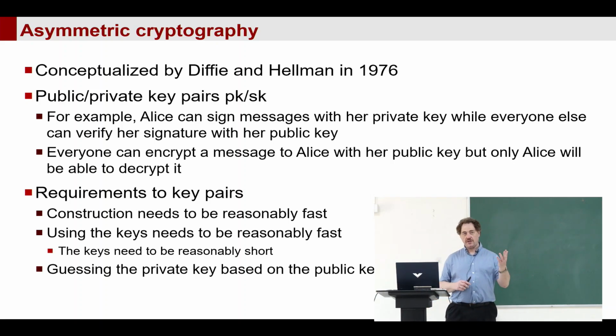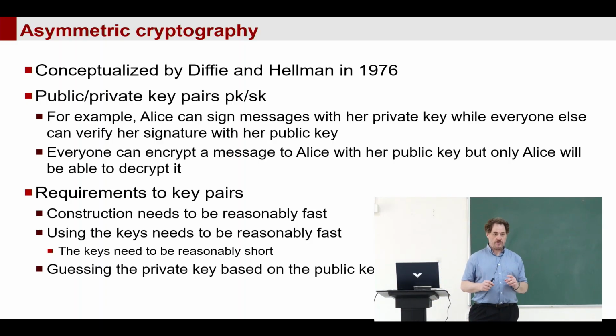Okay, so asymmetric cryptography, we need a key pair. How do we generate a key pair? What are the requirements? Well, the construction of the pair needs to be fast. It should be fast when we use the key, when we encrypt, or when we sign messages, and when we verify. The usage of the keys must be fast. And that means that the keys need to be short.